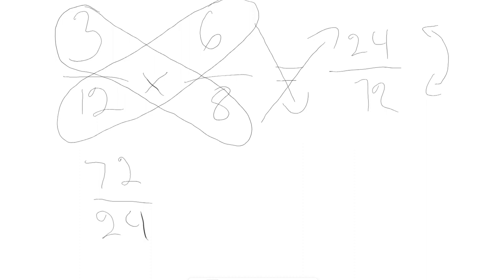Now, it's possible for you to reduce this if you divided both halves by 2 because this is an even number. And half of 72 is 36. And half of 24 is 12. Now, clearly, you can see that there are 3 12s in 36, which means that this actually could be 3.